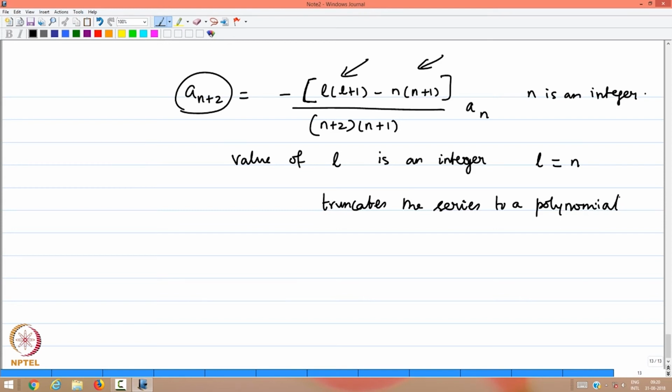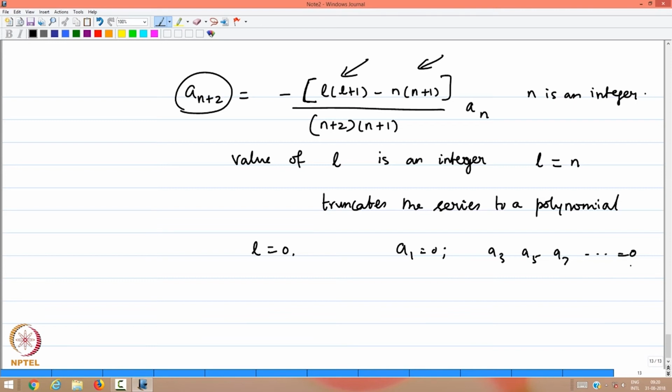Now, you can see immediately that if we choose L equal to 0, then we have a 1 will be 0, and therefore, a 3, a 5, a 7 all of them go to 0.